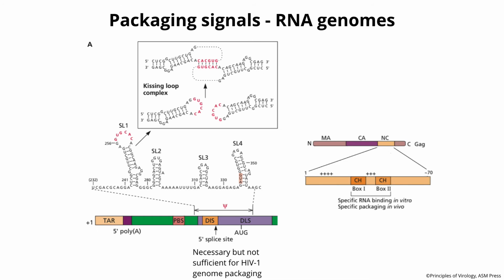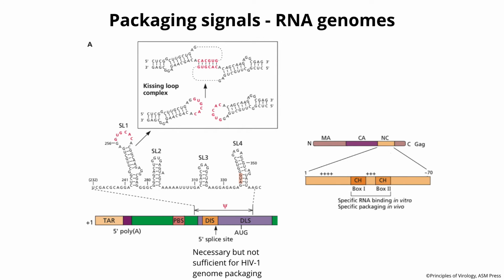And if you took that packaging signal and put it in another RNA, it wouldn't be enough to get that RNA packaged. There are some packaging signals that we can transfer to cellular RNAs if we want to make virus vectors to give people genes for gene therapy, which we'll talk about at the end of the course. You can put packaging sequences into them. But for the HIV packaging signal, it is necessary but not sufficient.